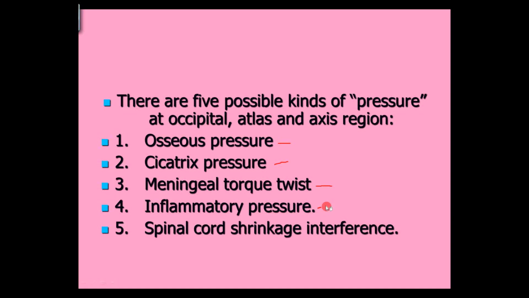There's also an inflammatory pressure that occurs whenever there's interference at this area, also causing pressure to the circulatory system, with the upper cervical arteries and veins and the pial plexus of arteries and veins that we'll talk about in the medullary lock. Also, spinal cord shrinkage: after a period of time of interference that is damaging to the circulatory system, there will be spinal cord shrinkage over time.